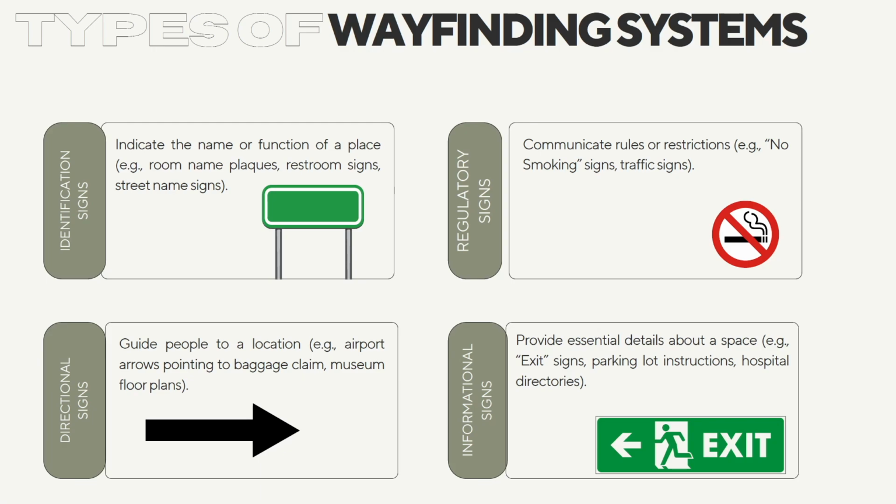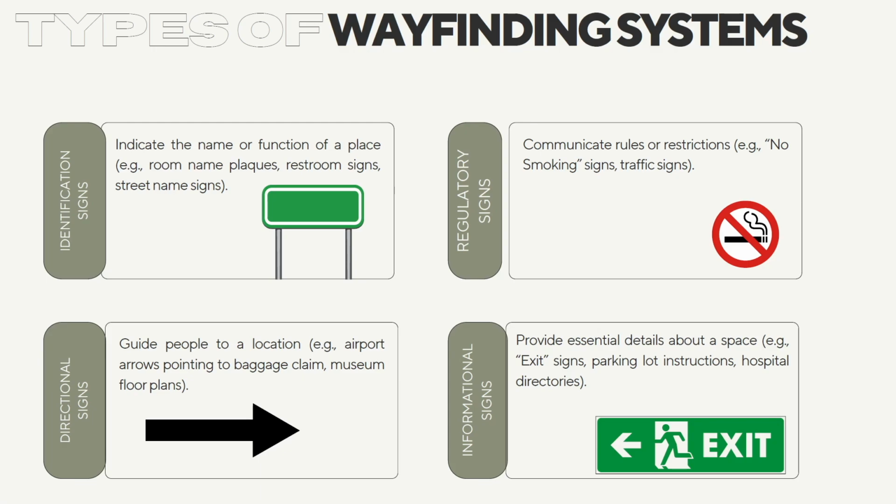For example, you have the airport arrow pointing someone to the baggage claim. You have the museum floor plan, and maybe we're going to pick on Van Gogh again, a Van Gogh exhibit, and then you just follow the arrow or arrows so that you get to that exhibition space. Informational signs, this is the essential details about a place. So the exit signs, the parking lot instructions, the hospital directories.